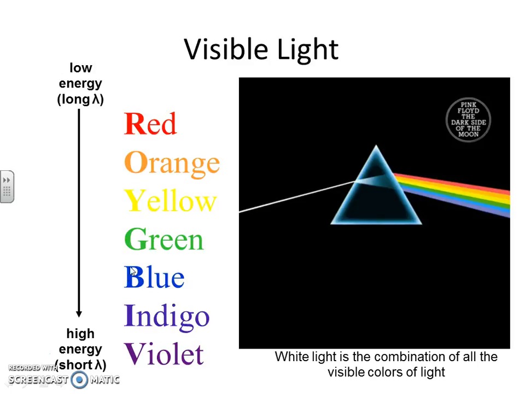Roy G. Biv is the way I remember it, and you need to write down your colors of the rainbow in order of increasing energy. So we have low energy, which is red, has a long wavelength. This symbol right here stands for wavelength. So violet has the highest energy because it has a very short wavelength. So you need to know that this is the symbol for wavelength. It will come back up in just a moment.